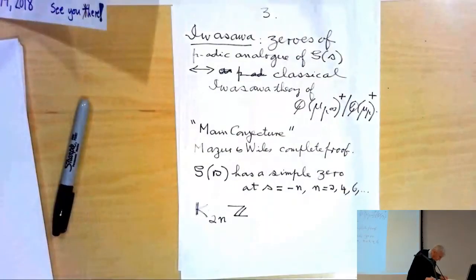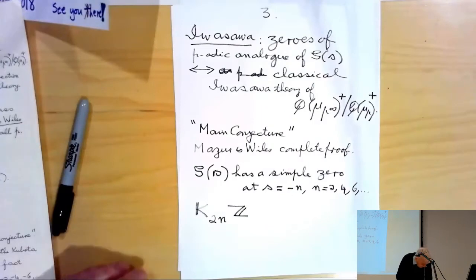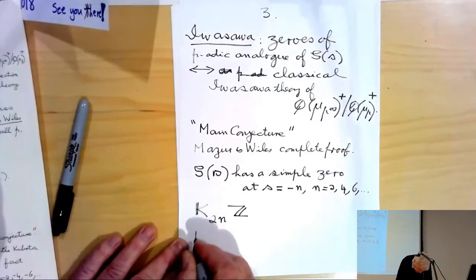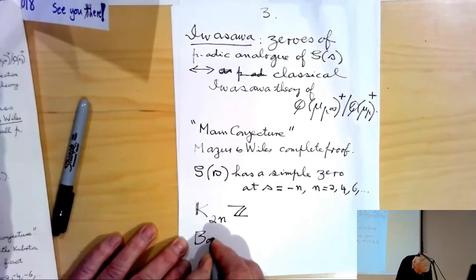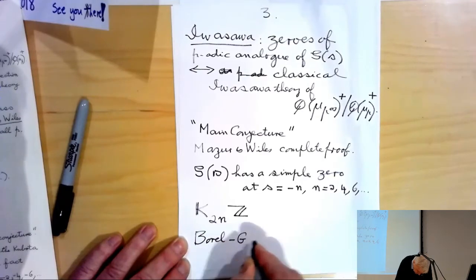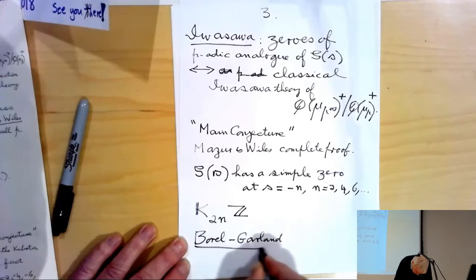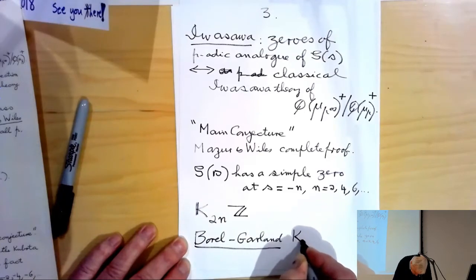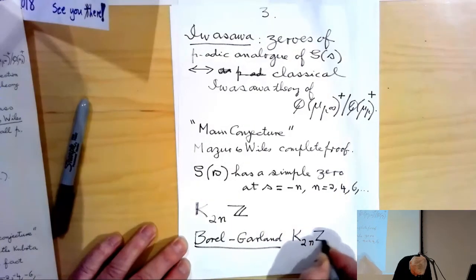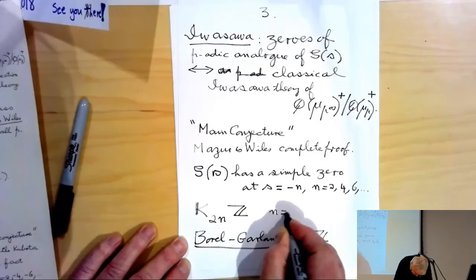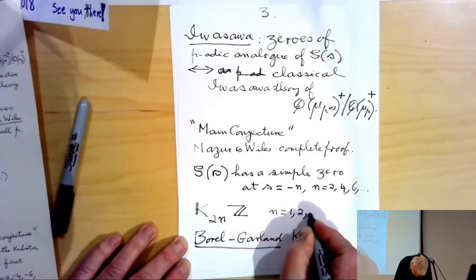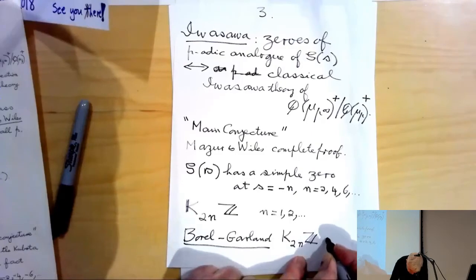In the early 1970s, let me keep to my notes here so I don't get too lost, Borel and Garland proved that the K_2n of Z, for n equals 1, 2, and so on, are finite groups.